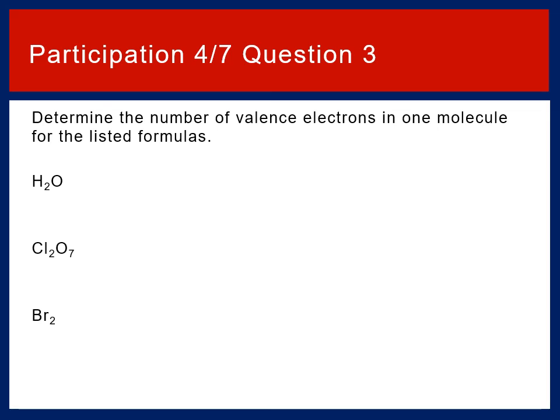This is the third question for participation 4-7, due Wednesday, April 7th at 11:55 p.m. over on Blackboard. The link to the assignment is right below the links to these videos. This is question 3 for participation 4-7. Determine the number of valence electrons in one molecule of H2O, one molecule of Cl2O7, and one molecule of Br2.